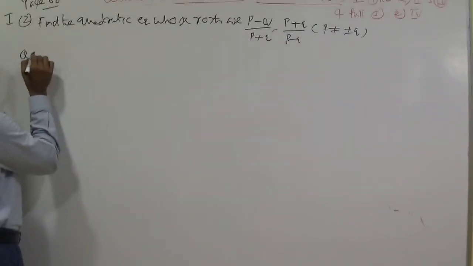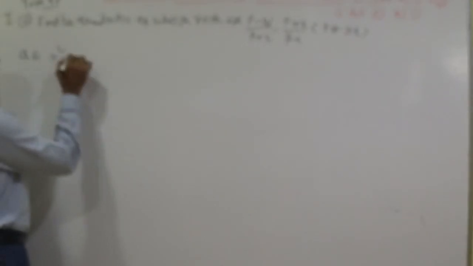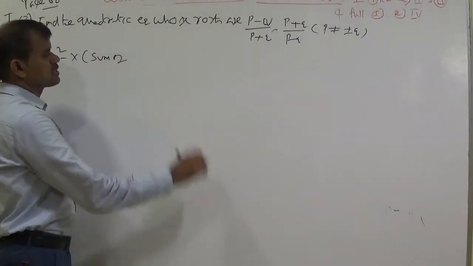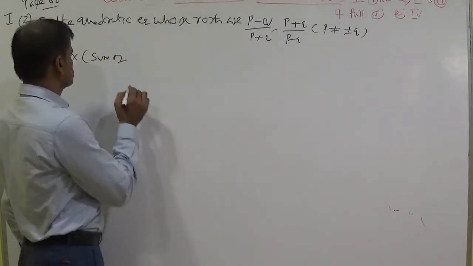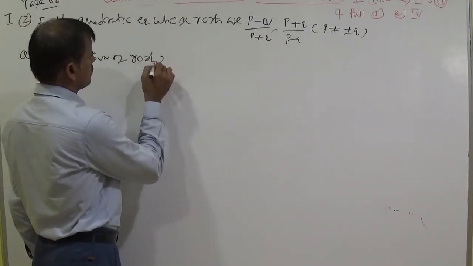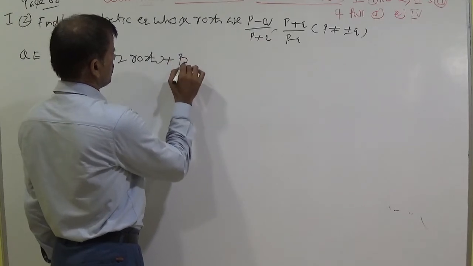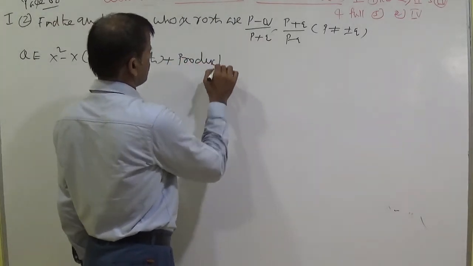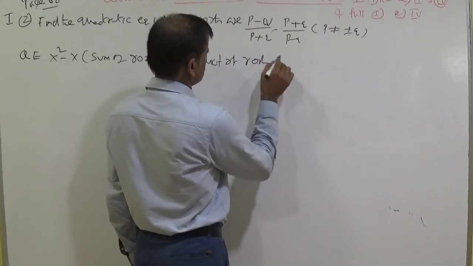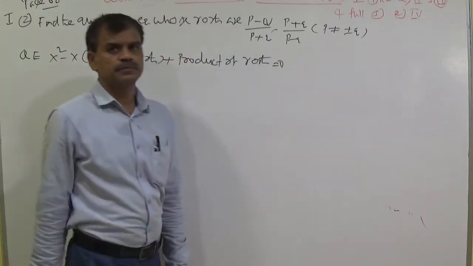QE formula: x square minus x into sum of roots plus product of roots equal to 0, as we have discussed in formation of QE.